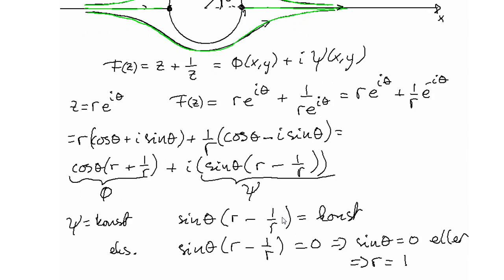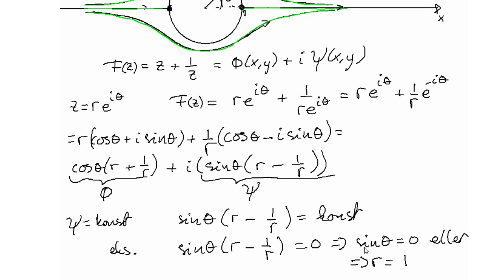So when is this happening? Well, for example, if the constant is 0, then we have that sine of theta multiplied with r minus 1 over r should be equal to 0.